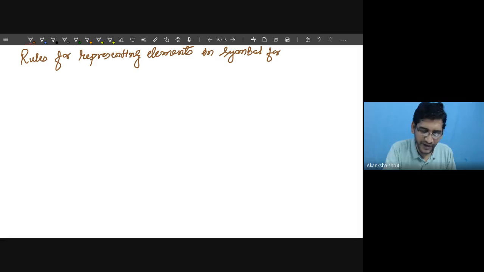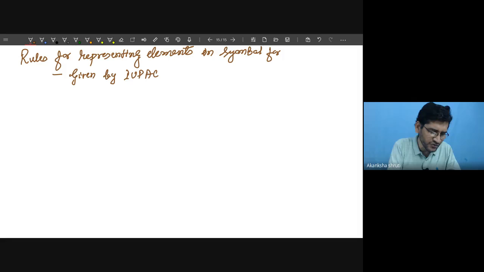So this is proposed by whom? By IUPAC. If anyone is asking who was the exact person who gave this symbol, which was later accepted by IUPAC, it was Berzelius.